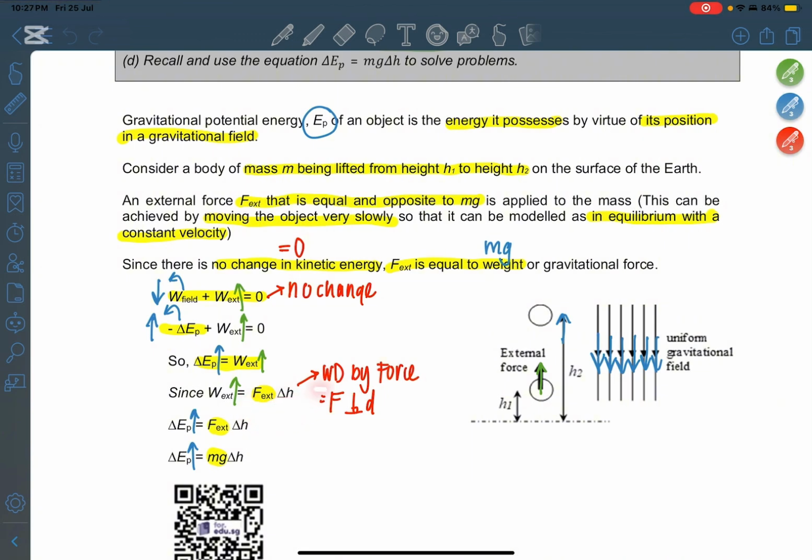Remember, that's the formula. Then we put this in, and so this equals the change in GPE. And you know that the external force is actually the weight, the only force acting on it. And so this is how you can prove that change in GPE equals mg times change in h.